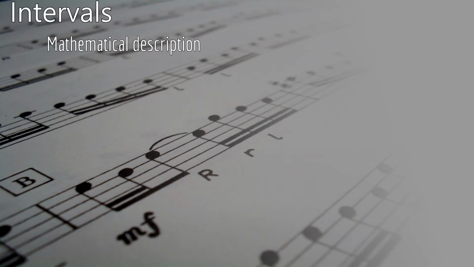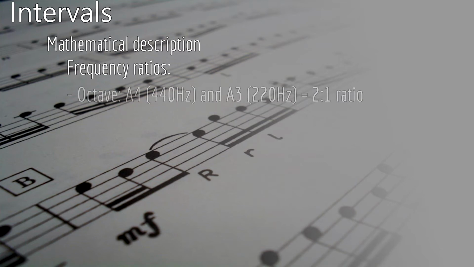And in the end, I also have a mathematical description for you, because you can also define those intervals with frequency ratio. And with frequency, I really mean the physical notion of frequency. First I have an example of the octave.